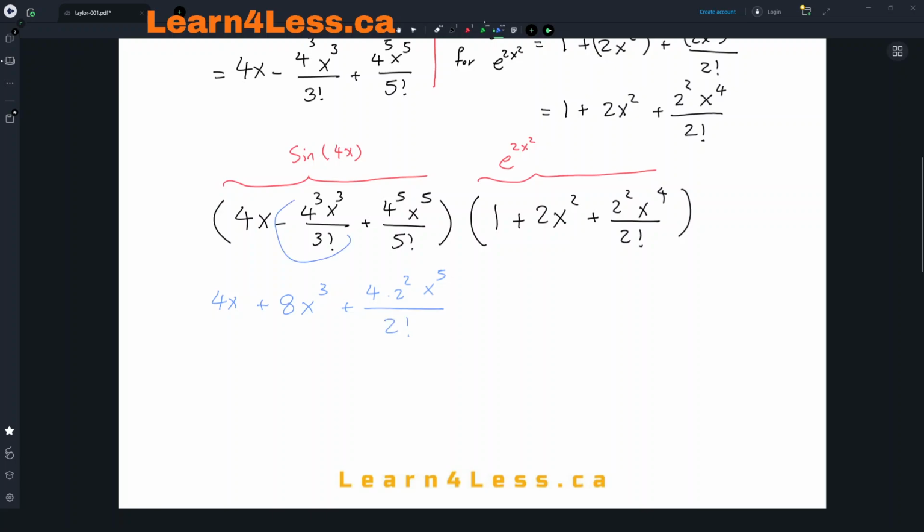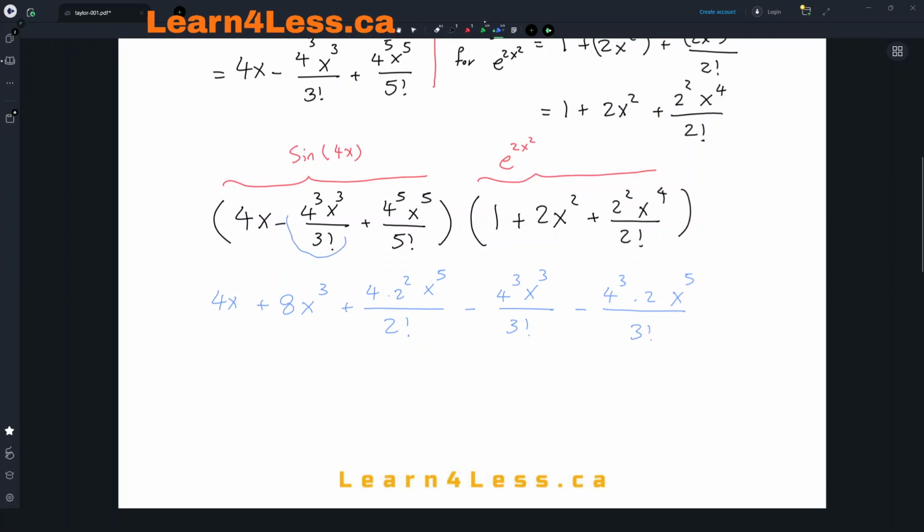And now the next one, we multiply these by these, which makes it negative 4 cubed x to the power of 3 over 3 factorial. These times these makes it minus 4 cubed, there is 2 here, and the x's add up to x to the power of 5 over 3 factorial.